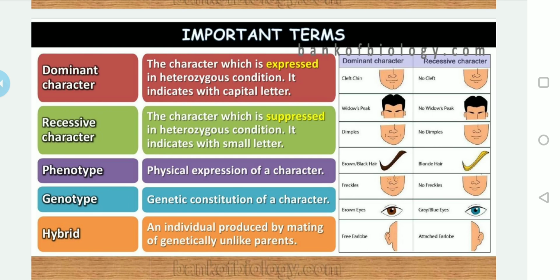As I was telling above, there are two contrasting characters present, but sometimes only one character expresses; that condition is considered dominant. The character which is expressed in the heterozygous condition is indicated with a capital letter.